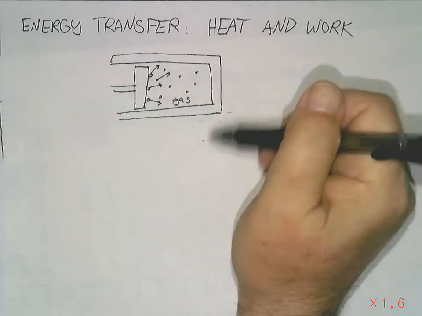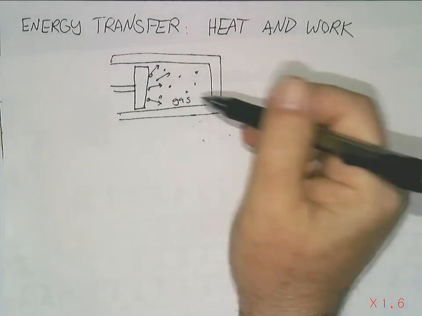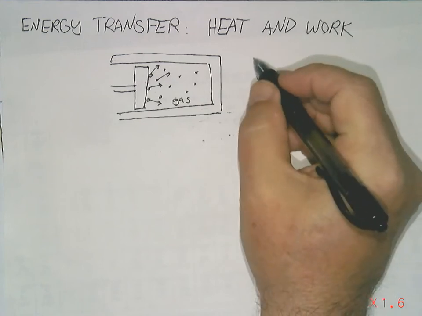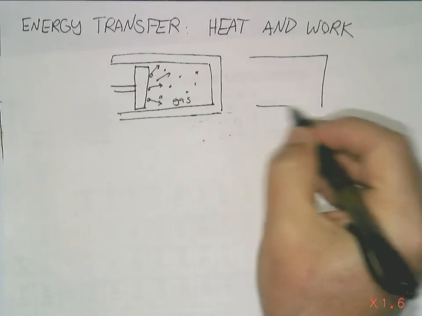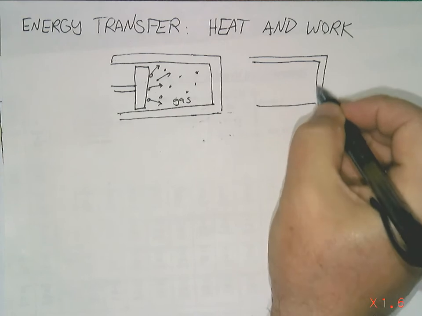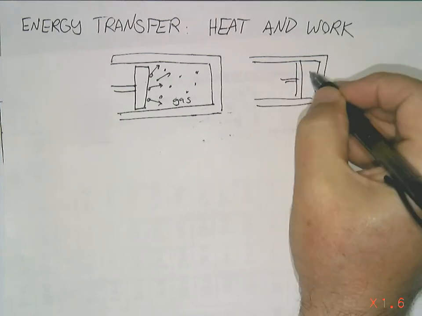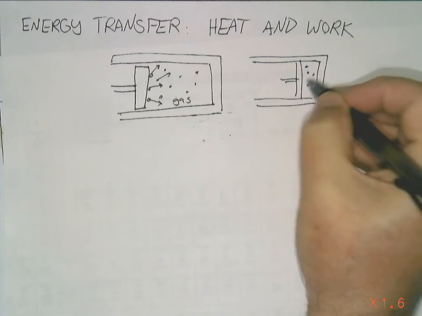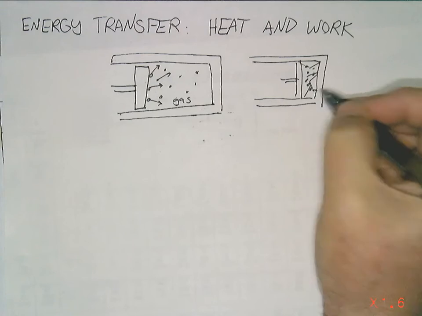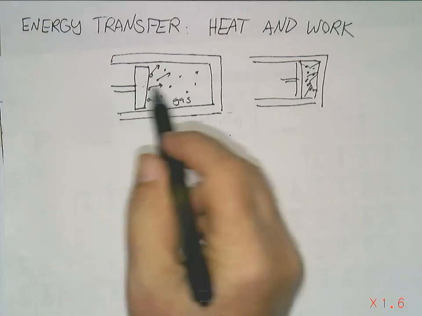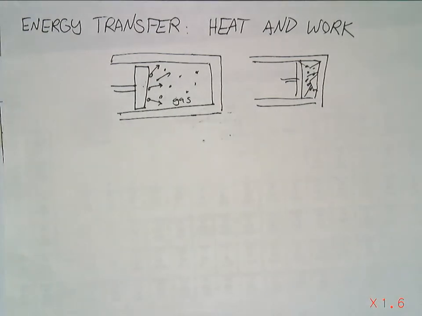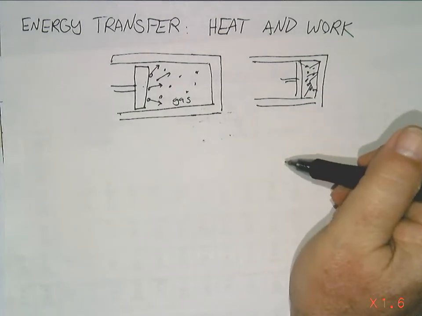They're going to fan out into the rest of the gas, collide with those gas molecules, and pretty soon, when I have the piston pushed all the way in, those gas molecules that are in there are going to be moving a lot faster, because the kinetic energy of the piston has been transferred into the energy of the molecules.